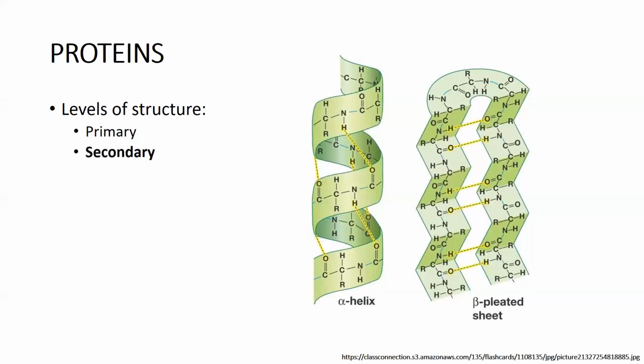Again, same mechanism. These two groups are interacting with each other, but in a different way that actually brings about the pleating of this molecule. These are just two examples of secondary structure, but basically that link that we formed before now starts to do different interesting things, and this is the secondary structure of this protein.